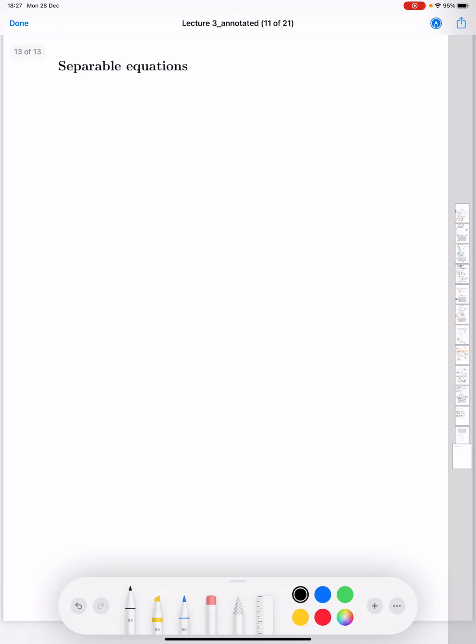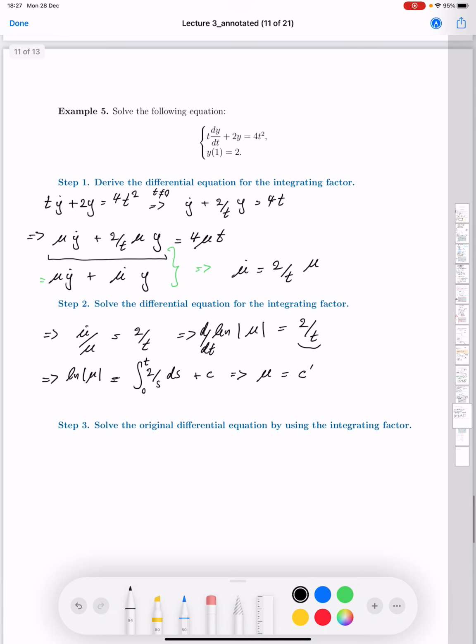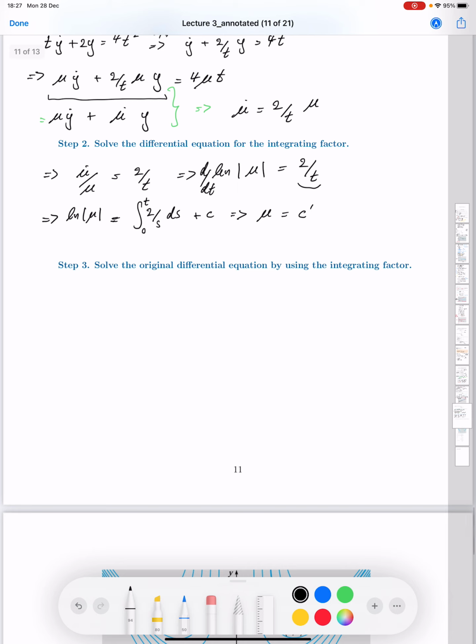Wow, okay. Wants to rush into the end of the lecture. So then I will have c prime times the exponential of the integral. So it's really e to the power of the integral from 0 to t of 2 divided by s ds, right?